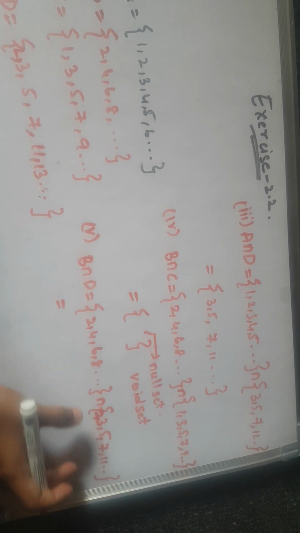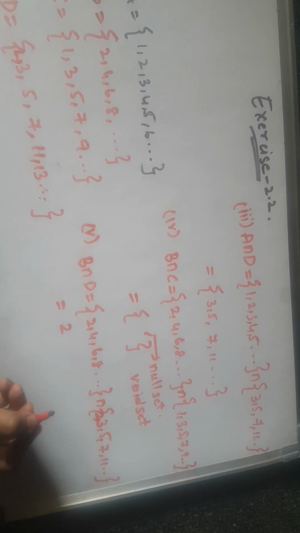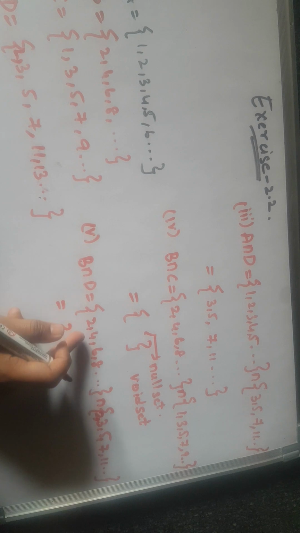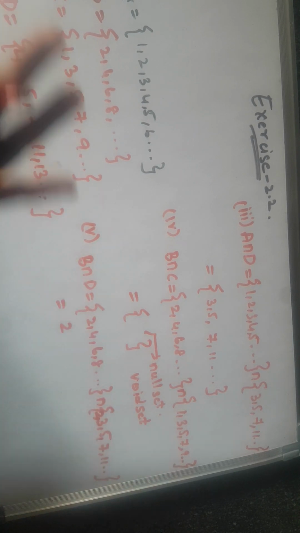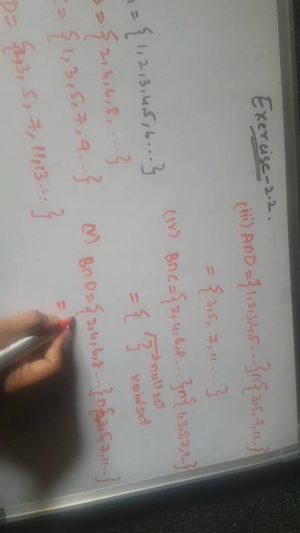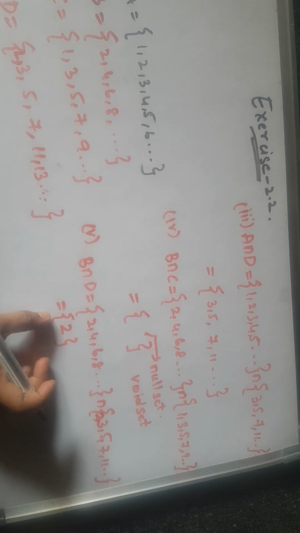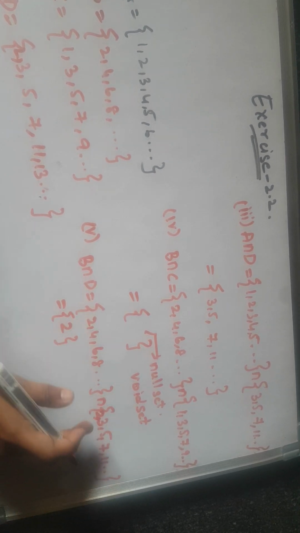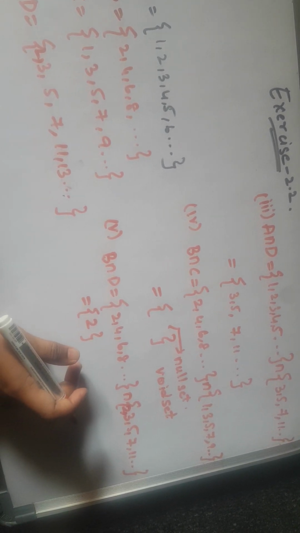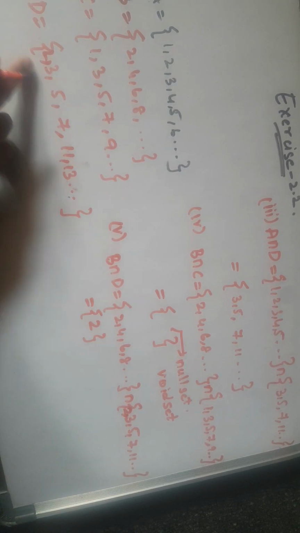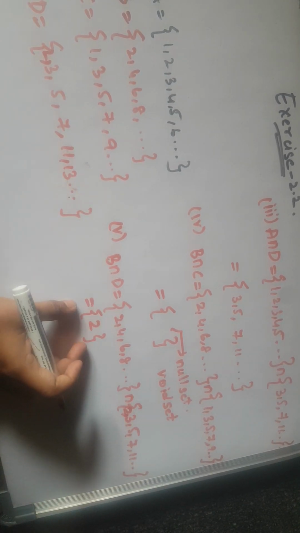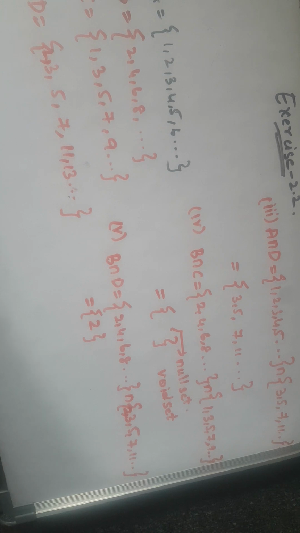So what is the value here? Common, 2 is the only common one. The remaining numbers are all divisible by 2. So only 2 is common here. 2 is the single common prime number.